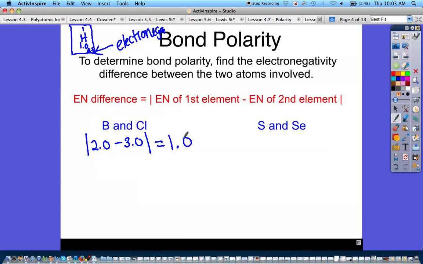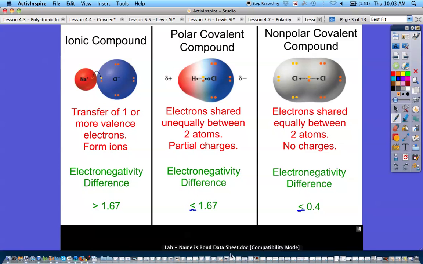So this is going to be a polar covalent compound because it is less than 1.67 but greater than 0.4.